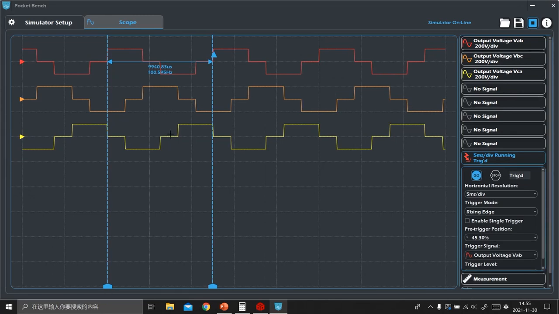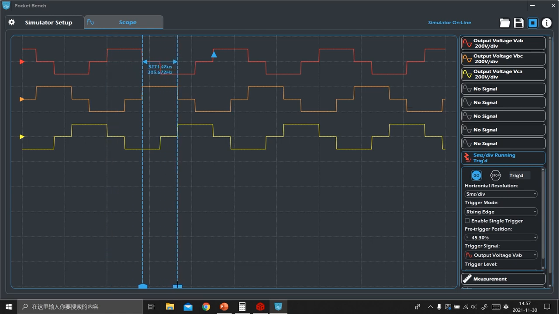Next, let's measure the phase shift. The time difference between phase A and phase B is about 3.3 milliseconds, which is about 1/3 of the whole period. So it means the phase difference between phase A and phase B is about 120 degrees.